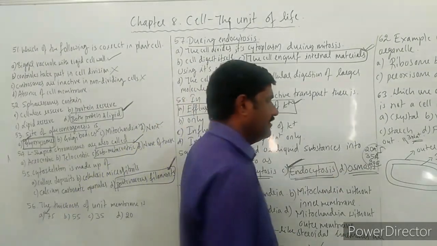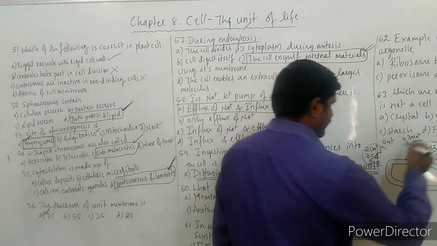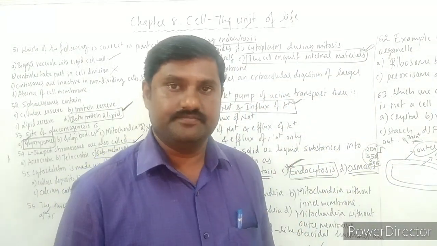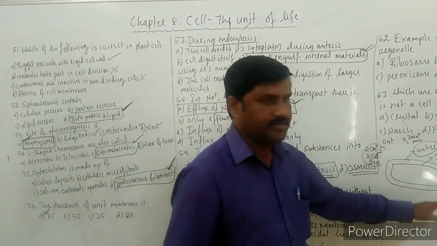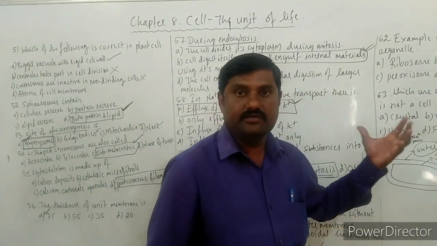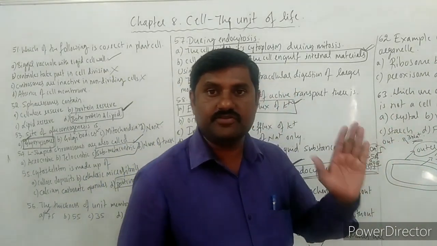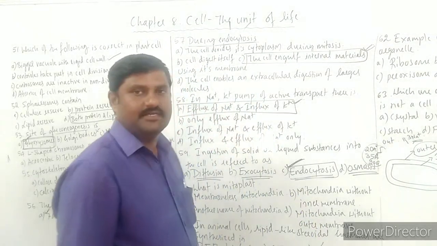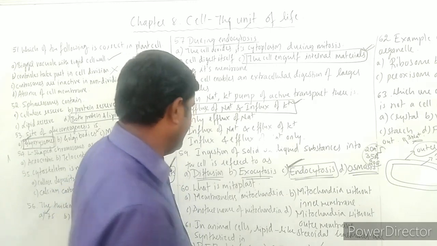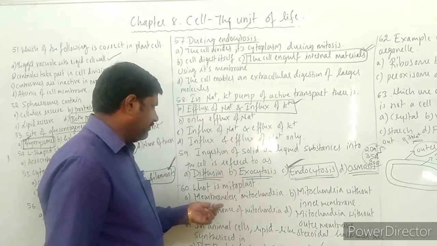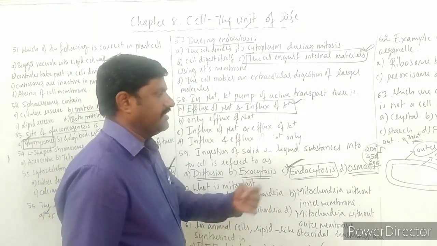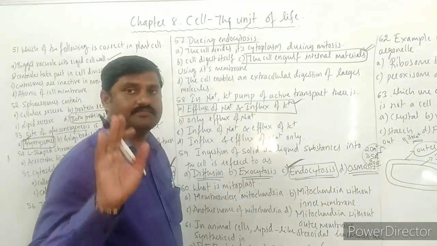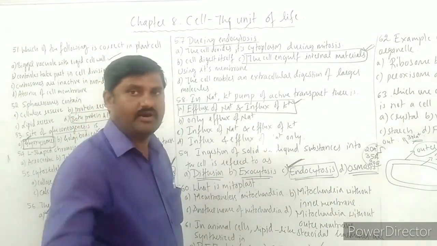Sometimes what happens is simple removal of the outer membrane is done. When it is removed, the mitochondria itself is called a mitoplast. Hence, for the options: membraneless mitochondria, he says. Mitochondria will not be membraneless at any cost.